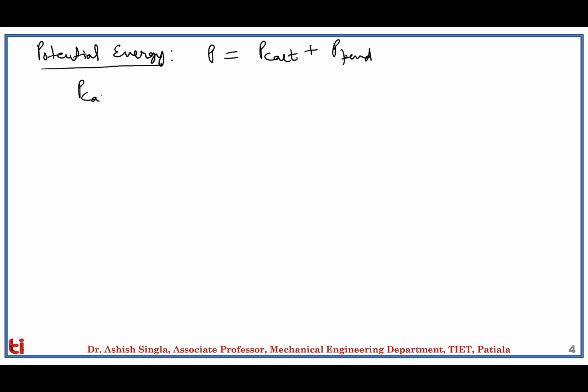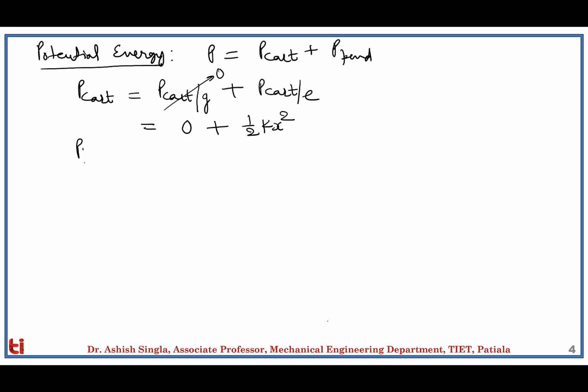First, the potential energy of the cart has two components: the potential energy due to gravity, because of the position of the cart in the gravitational field, plus the potential energy due to elastic deformation, which is called the elastic potential energy. As the cart is moving on the ground, the gravitational potential energy is 0, and the elastic potential energy is equal to half kx square because of the deformation in the spring which is attached to the cart.